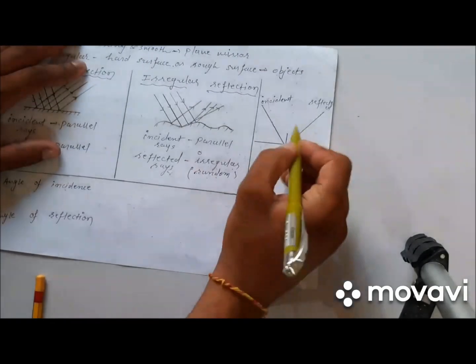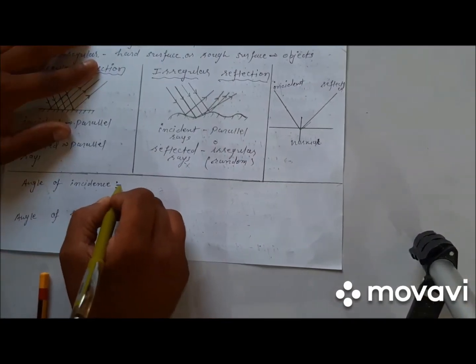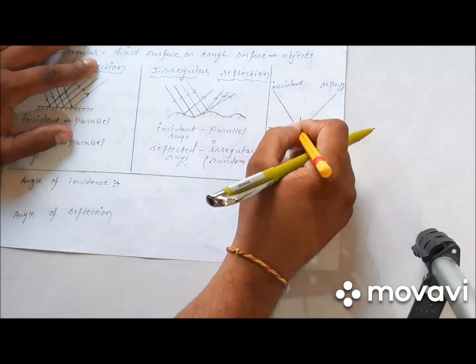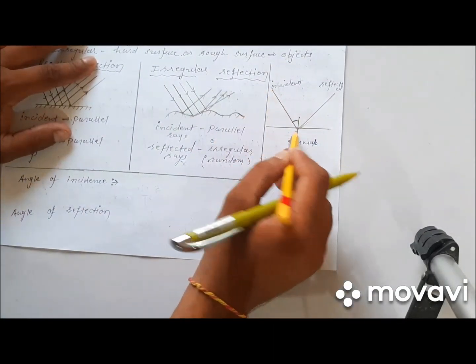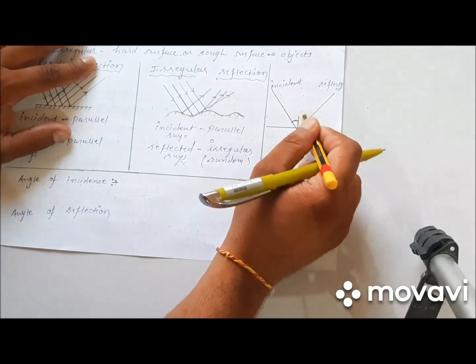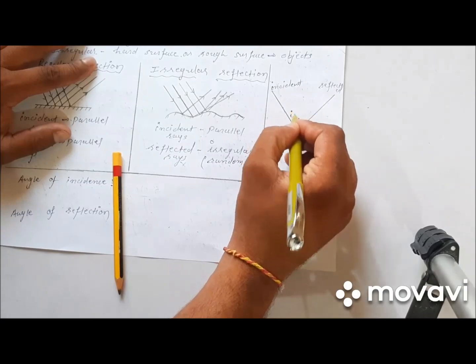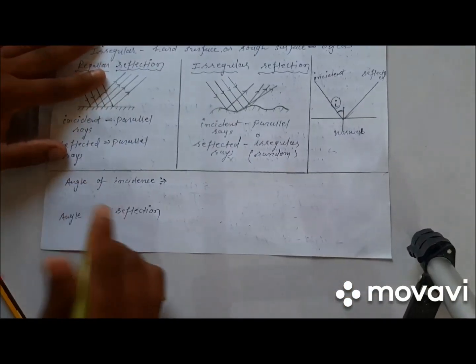First of all, let us define angle of incidence. What is angle of incidence? Simple. The angle between our incident ray and the normal drawn to the surface is our angle I, also called the angle of incidence.